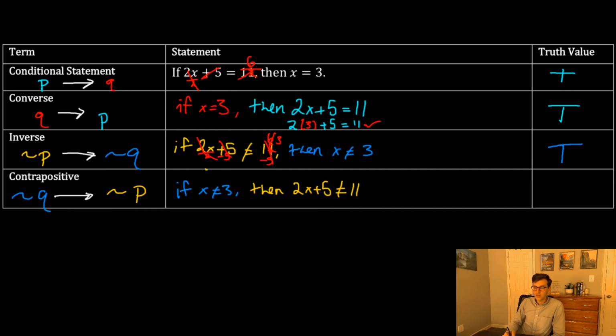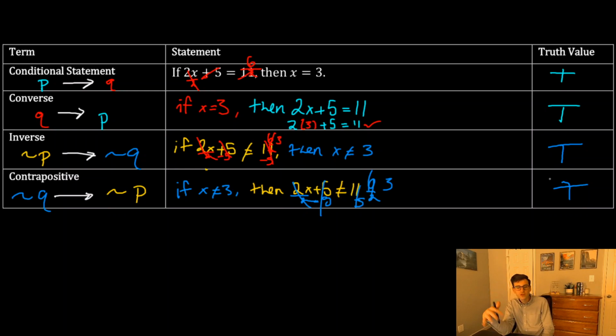And again, you could do the same thing to kind of balance it out over here. You can still solve, just because it's the conclusion. We could subtract 5 and divide by 2, and we would get x is not equal to 3. So again, that is true by those methods. Even though it might be harder to find a traditional way to do that, you can still just solve the equation for x.